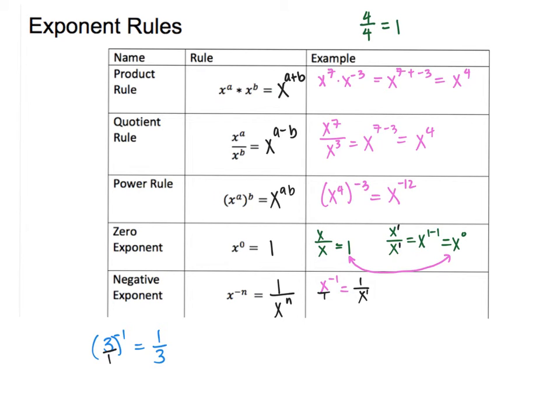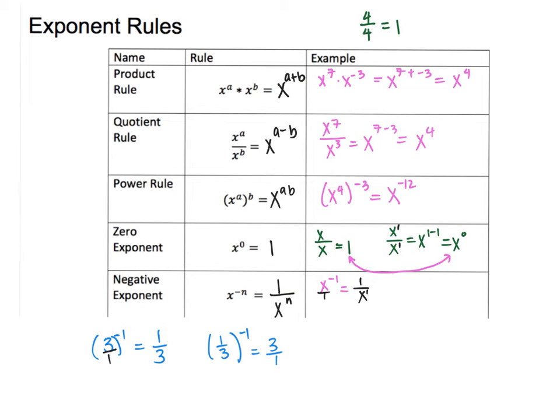Let me give another scenario. If you have something like 1/3, and it's raised to the -1 power, when you take the reciprocal, it's going to be 3 over 1, right? So if the number is already in the denominator, it gets thrown into the numerator.